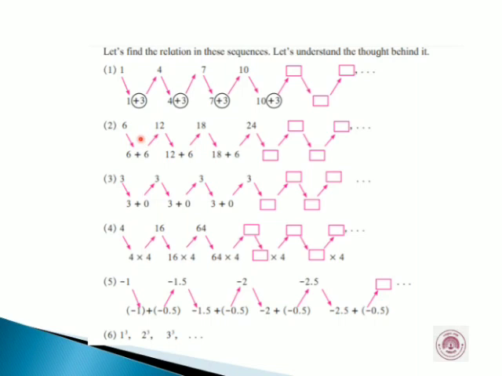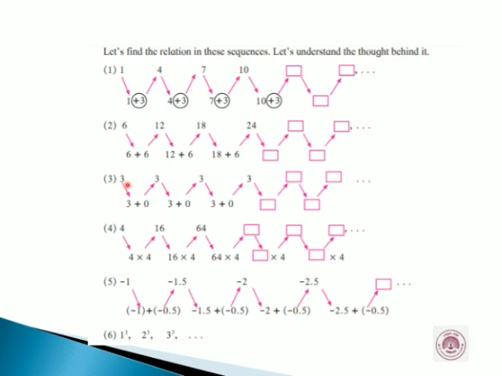Next sequence: 6, 12, 18, 24, etc. The similarity is that the next term is obtained by adding a particular number to the previous number. So here each term is obtained by adding 6 to the previous term. 6 plus 6, 12; 12 plus 6, 18; plus 6, 24; plus 6 will give you 30; plus 6, 36.